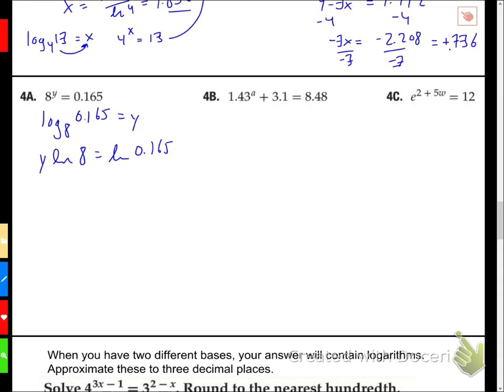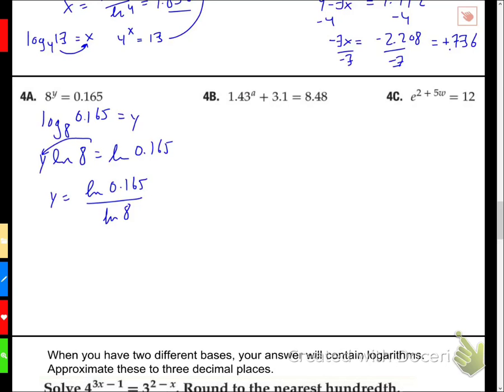I just brought down the y there. So y is equal to ln of 0.165 divided by ln of 8. So if you ever forget your change of base formula, that's okay. Just set it equal to y, put it in exponential form, and then solve by natural logging both sides.